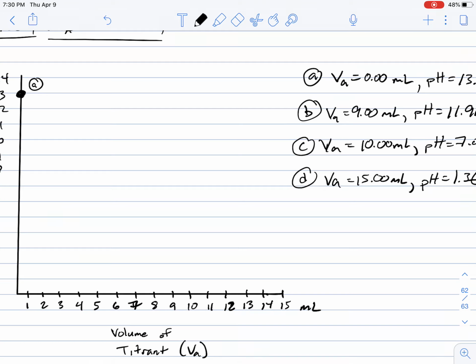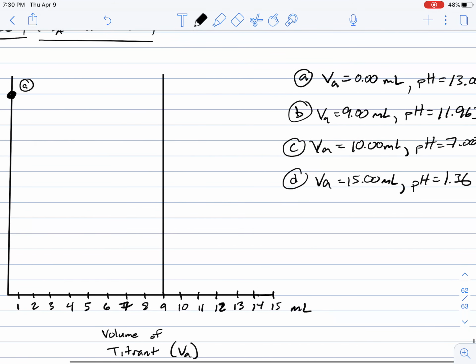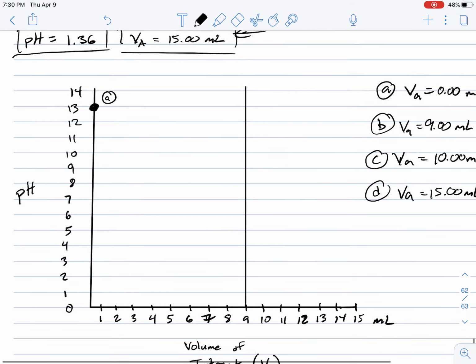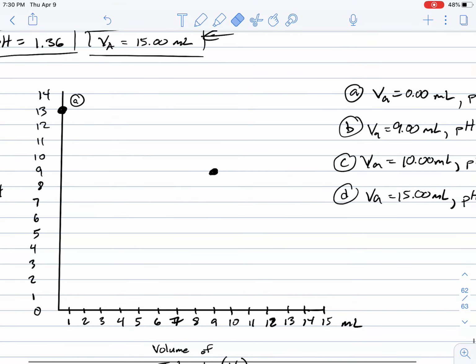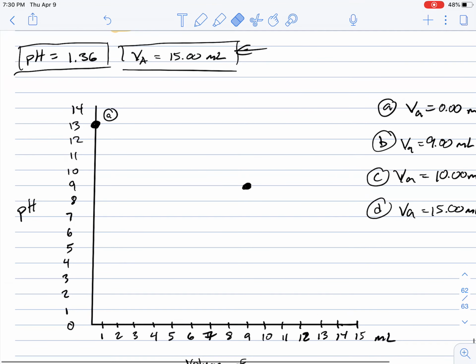So please use a ruler. Here in this case, I can just go ahead and approximate. And 9 mils, so it's right about here. Okay, erase that. Oh no, 12. Oops.